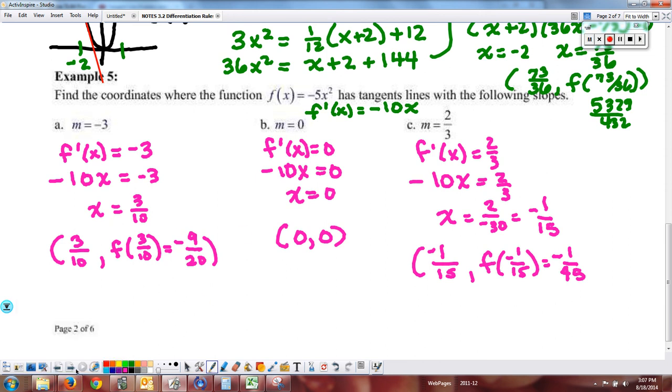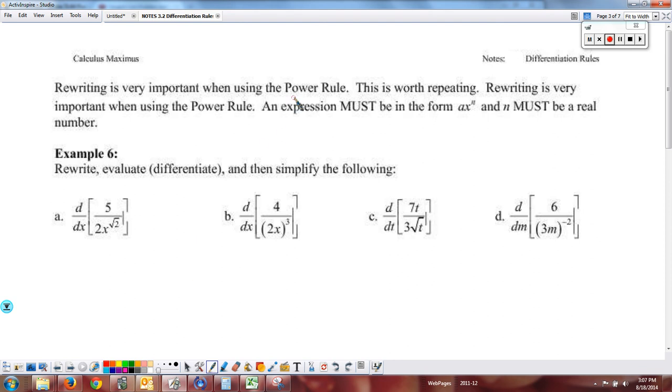Now, of course, the important thing with the power rule is that rewriting is very important. You have to have it in the correct form. It has to be in the form f of x equals a constant times x to a power. And n, of course, must be a real number in order for this to work.